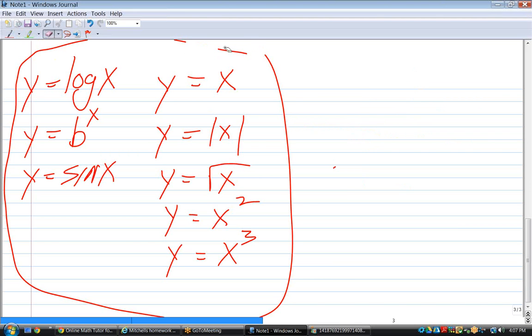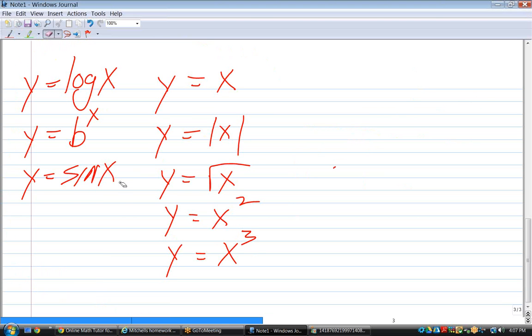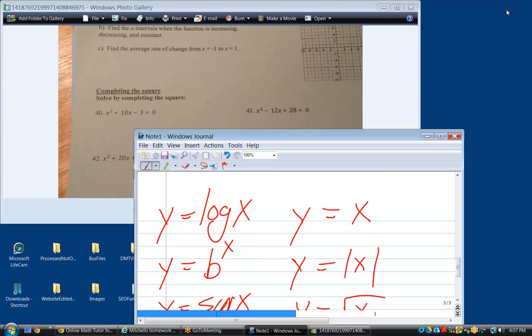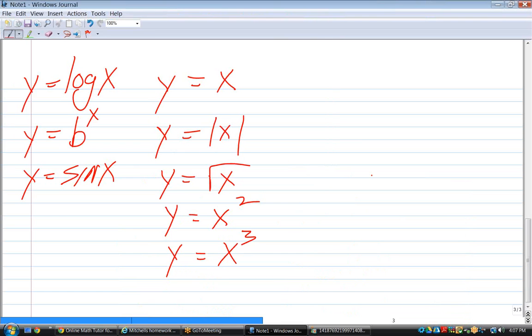So if we want to consider just the 8 elementary functions, we could look at this group here. I may be leaving one off, but I can't think of what it would be. So whenever we're talking about something being translated, then it's some variation of this. If I said, what's happening here?